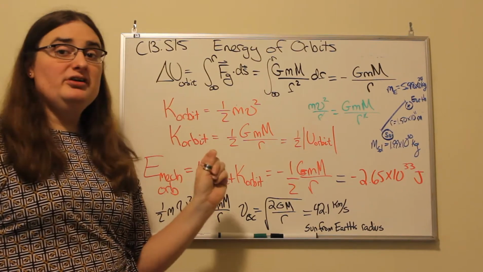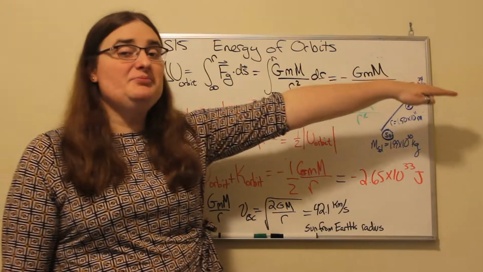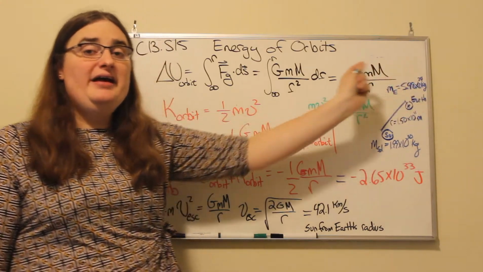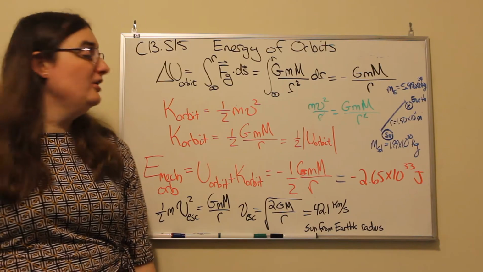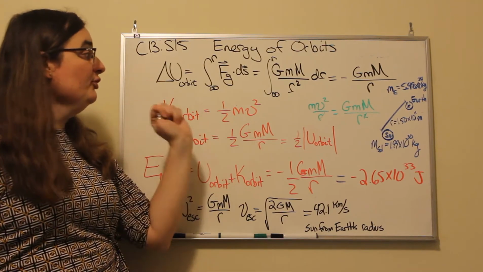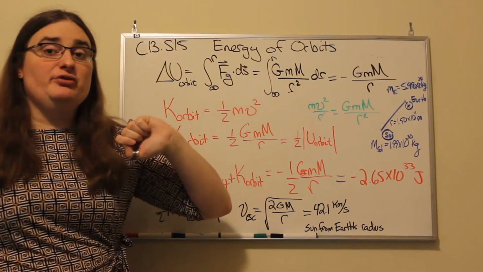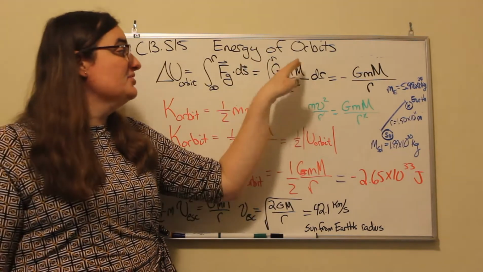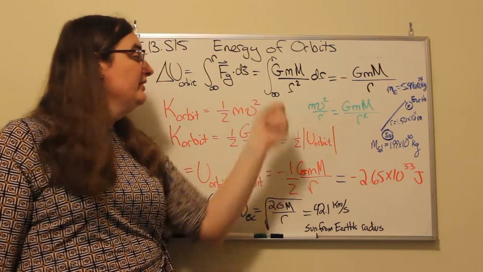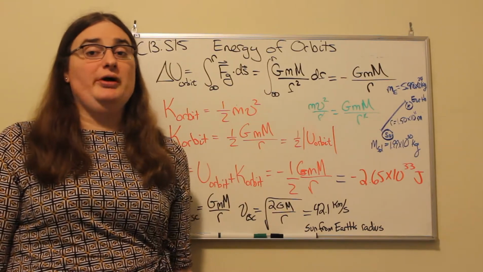So what we could imagine doing is take an object infinitely far away and bring it to the location of its orbit around that object. Well, the force of gravity is the universal gravity constant times the mass of our object that's in orbit times the mass of the object being orbited divided by the radius of the orbit squared.